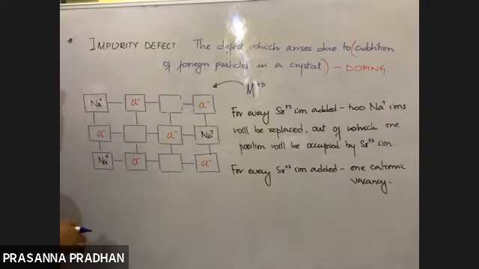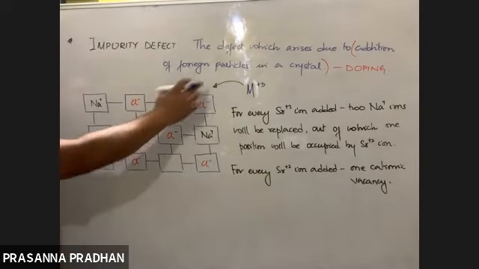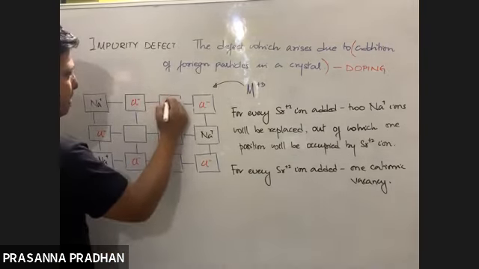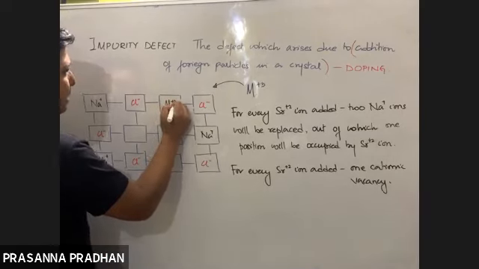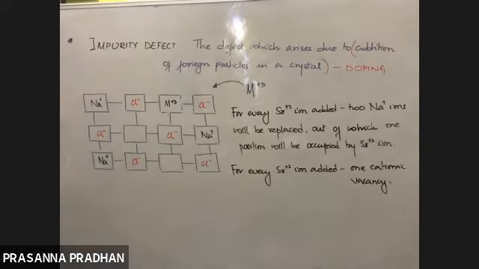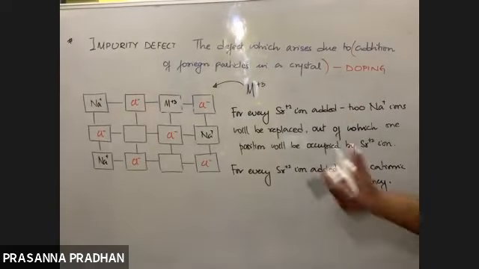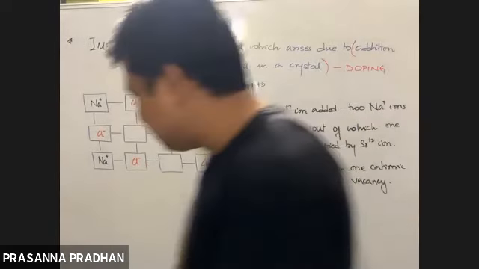Out of 3, 1 will be occupied by the cation. 3 replace हो रहा है, 3 में से तो एक replace होगा. So ये करने से how many cation vacancies are created? 2. So is the concept clear now? Yes, sir. Okay, fine. So it's a very nice question.